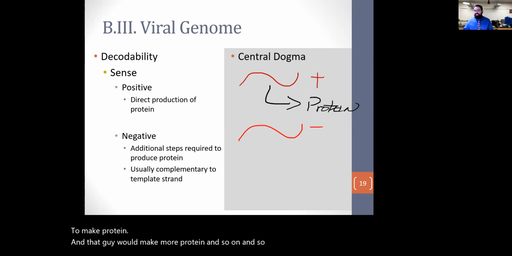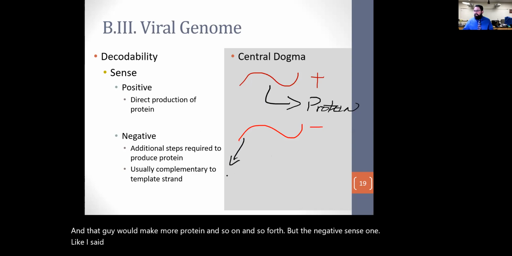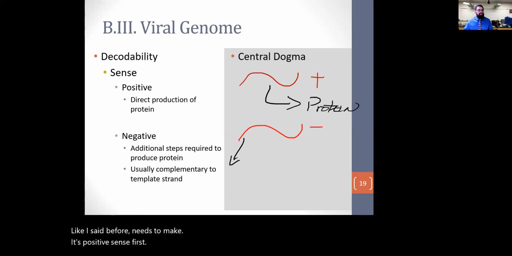But the negative sense one, like I said before, needs to make its positive sense first. So let me see if I can select my colors again. Before you can use protein. Okay, fine. How is that any better? Well, you forget that the negative sense is the complementary strand.